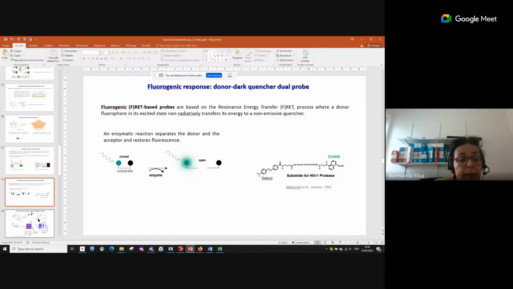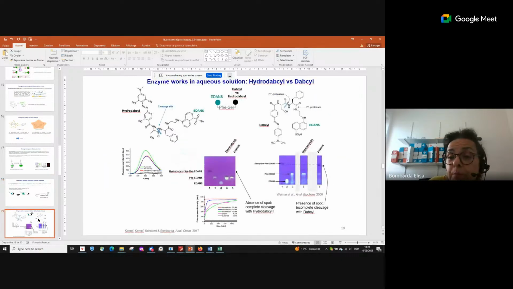And so then we come to some problems that can exist also in the design of probes, because you have to take care of this. Enzymes work in aqueous solution. That is our biomolecule, normally in aqueous solution.